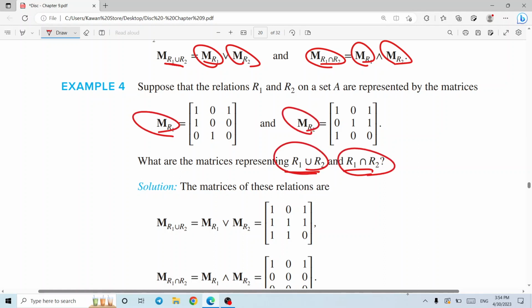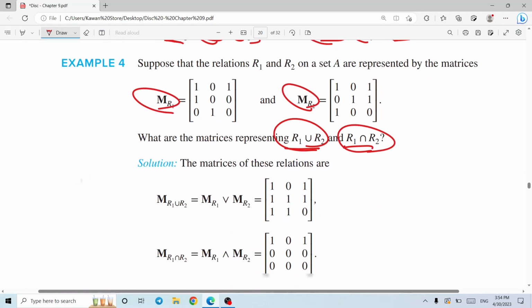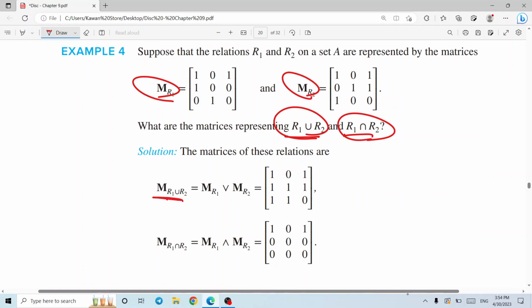Kindly find R1 union R2. So I say M of R1 union R2 is equal to M R1 or M R2, so it means true or false: 1 or 1 is 1, 1 or 0 is 1, right? How about intersection? 1 and 0 is 0.